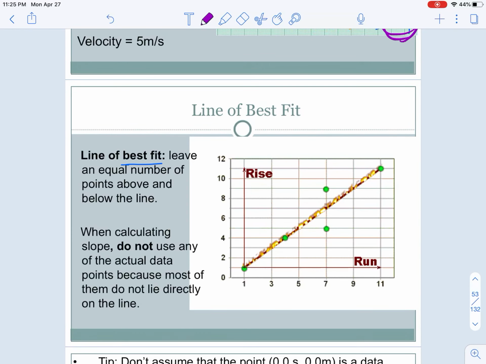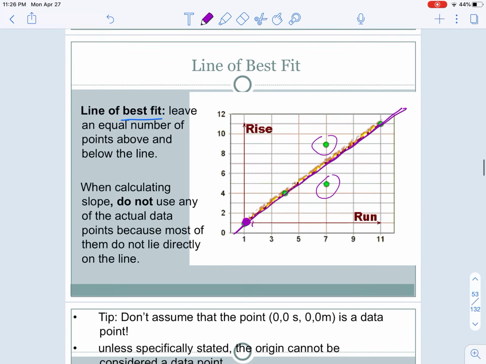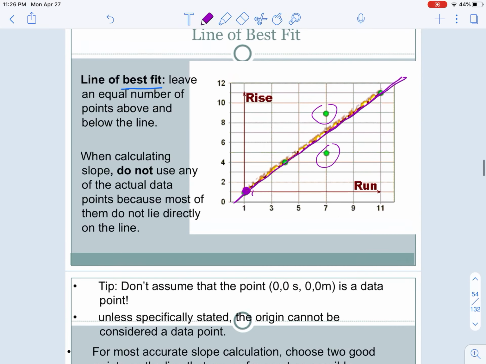And best fit line here, just to wrap up, is sometimes your data, the green dots here, are all over the place, and you start at 0, and you're going to make sure that you choose a line that's the best fit for your data and has the same amount of dots outside the line that you choose, and it's kind of showing you that you've chosen the average line.